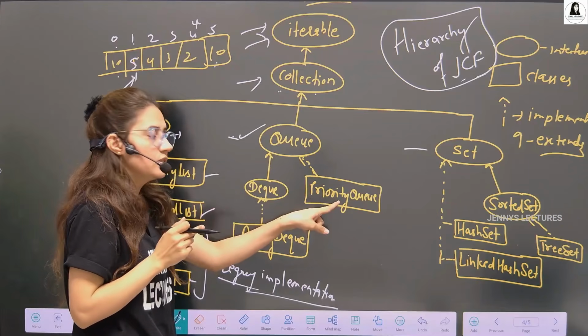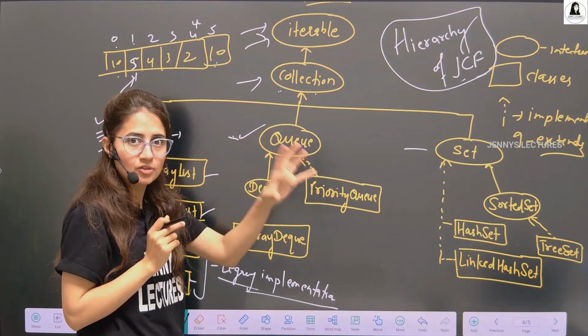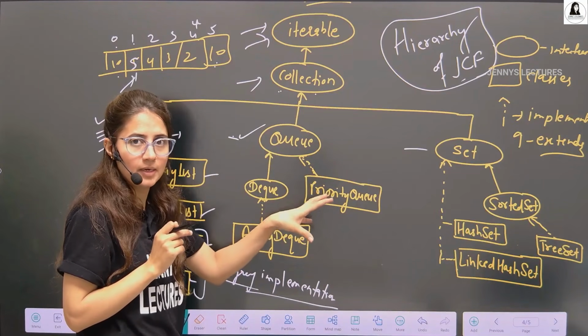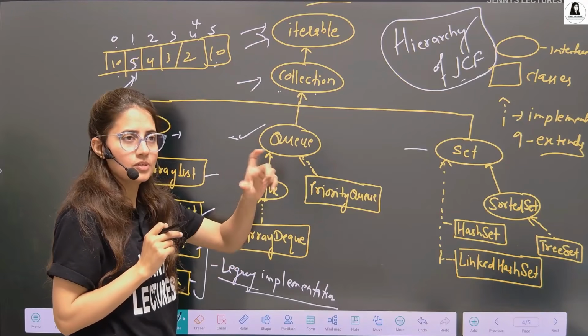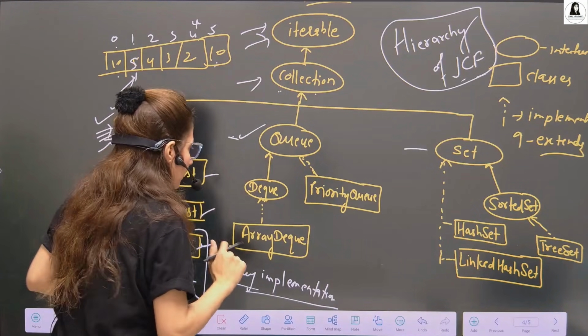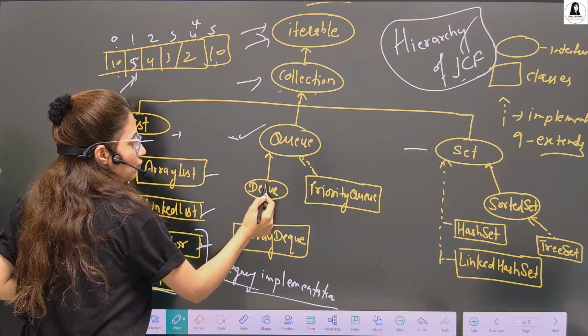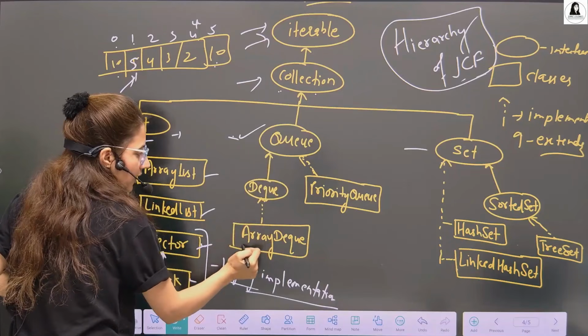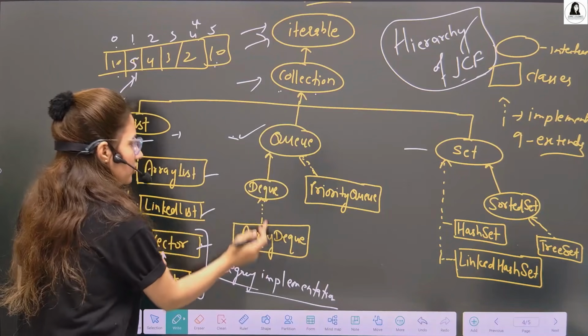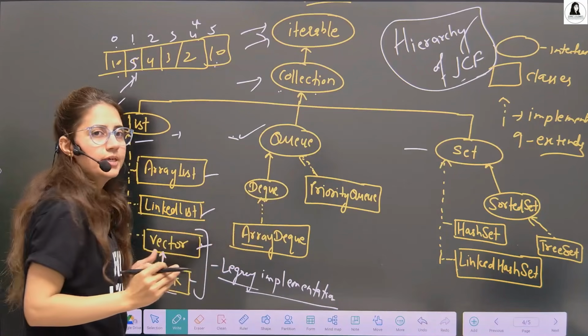Here priority is given to the element, not the insertion order; the priority of the element matters. Now we have one more interface, Deque, which extends Queue, and ArrayDeque is also a class which implements the Deque interface.